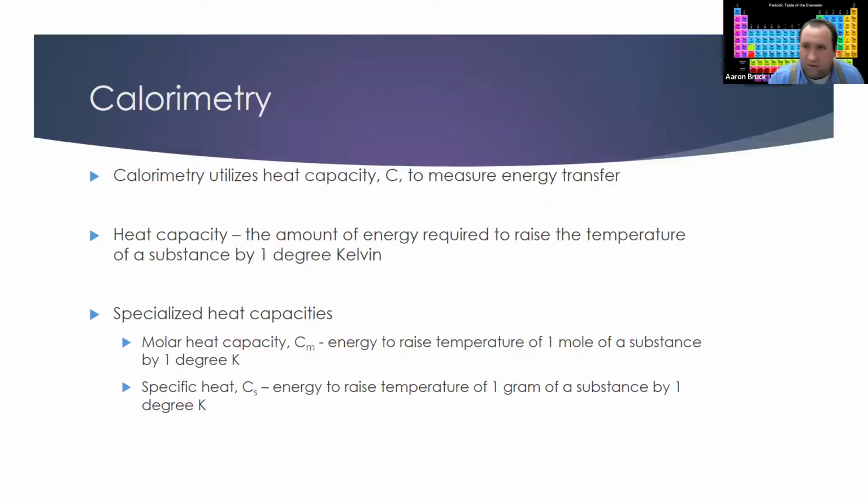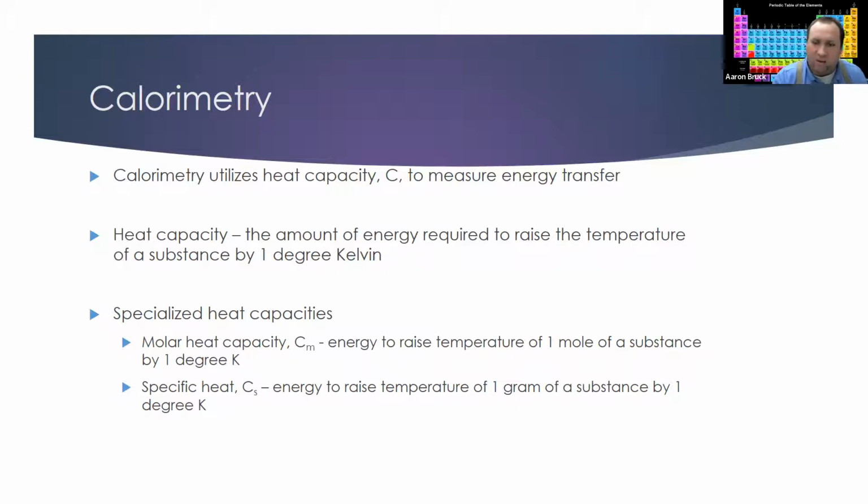So more often than not, we end up using something called specific heat. Specific heat, C subscript s, is the amount of energy required to raise the temperature of 1 gram of substance by 1 degree Celsius or by 1 degree Kelvin. That works because now we can just measure the mass directly and multiply.